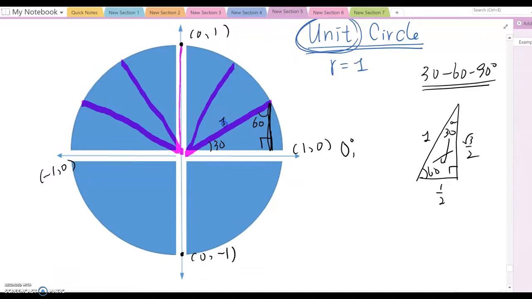Since this is equal to 1 because it's the unit circle, the side opposite 30 is 1 over 2, and the side opposite 60 becomes root 3 over 2, right? So this total length indicates root 3 over 2, and this length, which is half, corresponds to the y-axis, so this becomes 1 over 2 here.